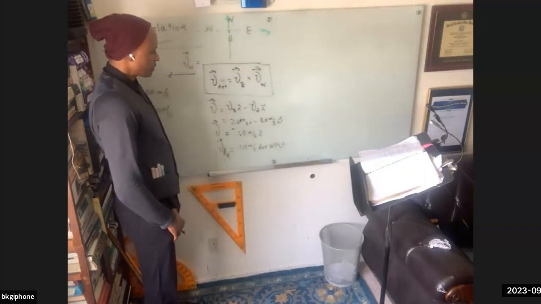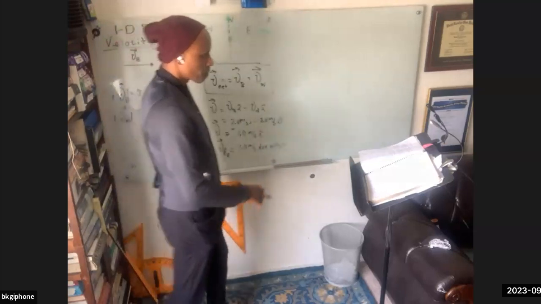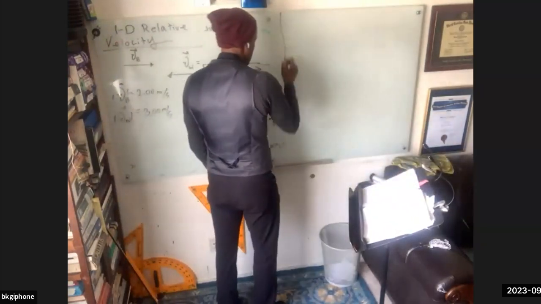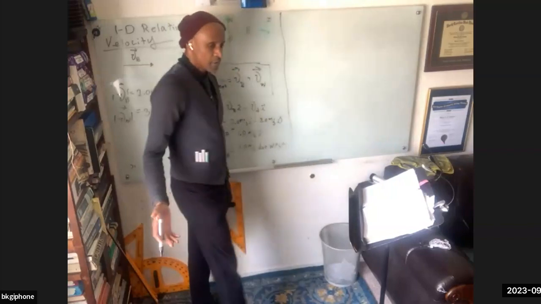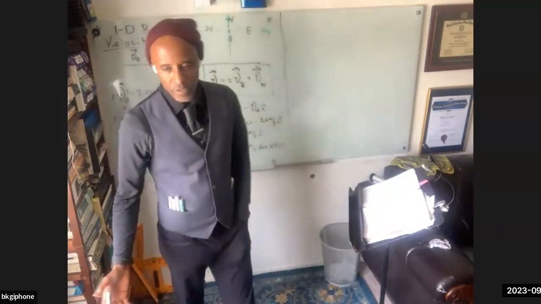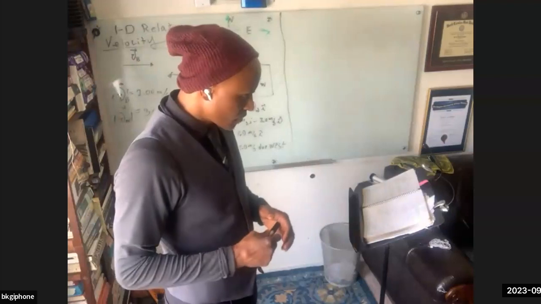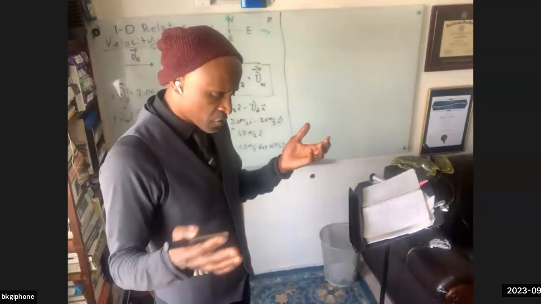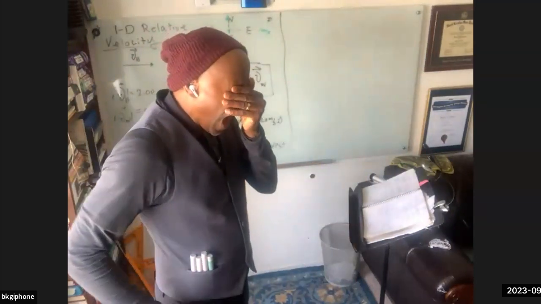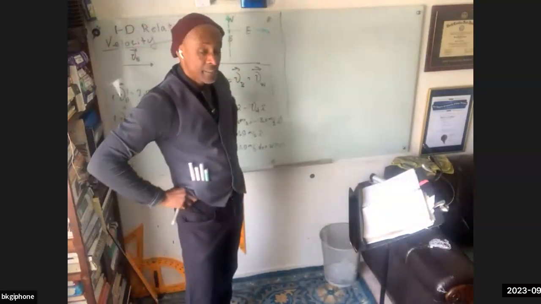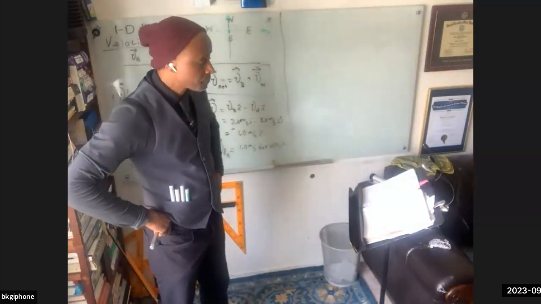Now in two dimensions, in high school when you did this kind of stuff, you called it the parallelogram method and the triangular method of adding vectors, in this case velocity.